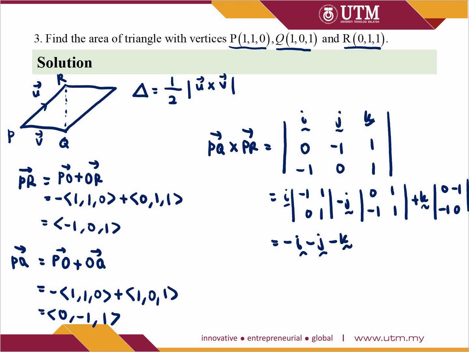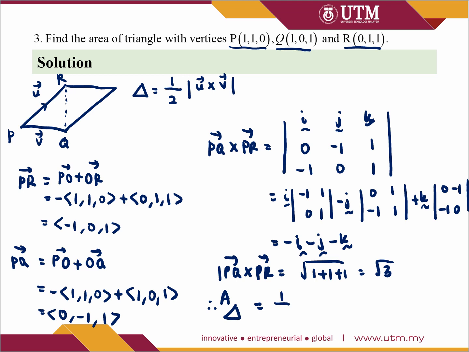Okay, so this is the cross product. Then we need to find the magnitude. So you get square root of 1 plus 1 plus 1, which is 3. To find the area of the triangle, you get 1 over 2 times the magnitude of PQ cross PR, which is 3 over 2.